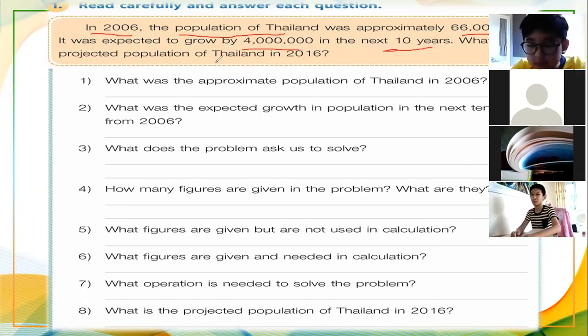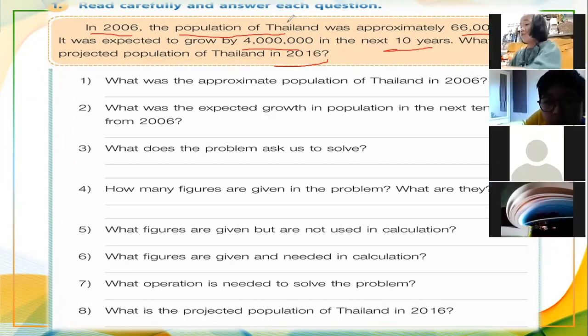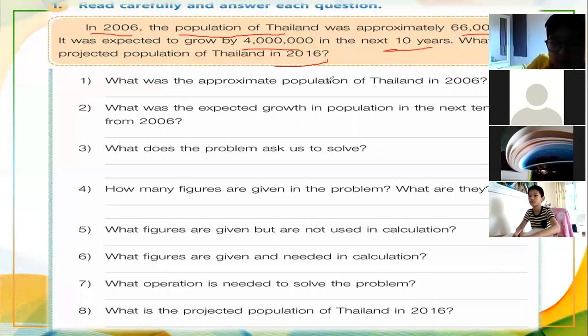Okay, so what is the projected population of Thailand in 2016? Okay, students, so now here we also have the main information we have to look at. So the main information, the first thing: what is the approximate population in 2006?